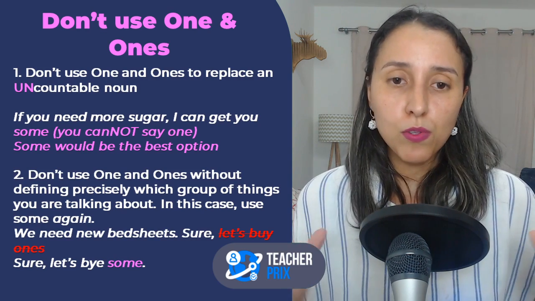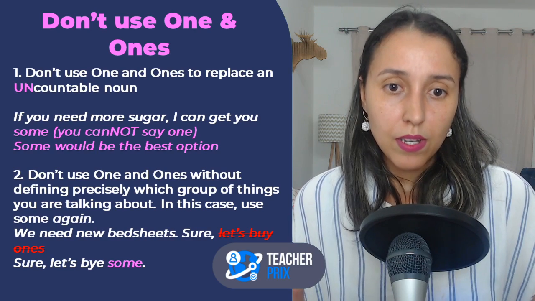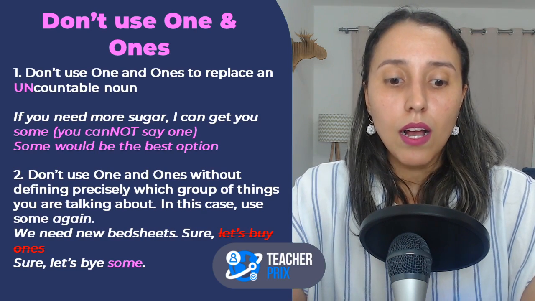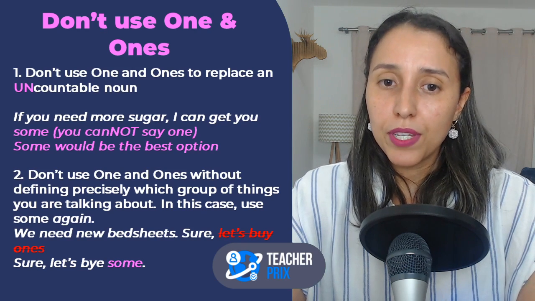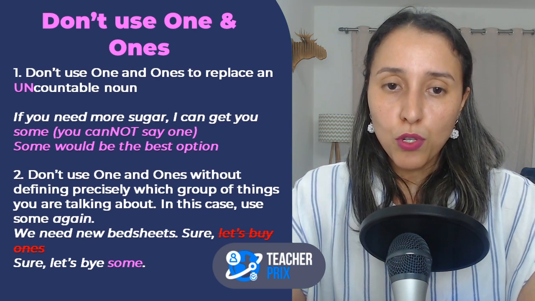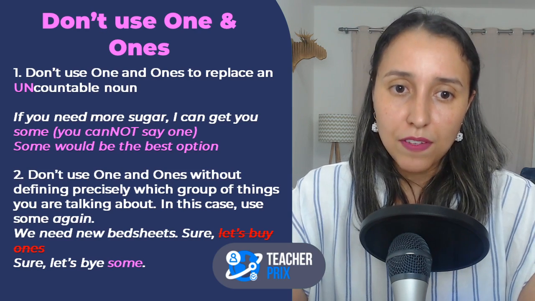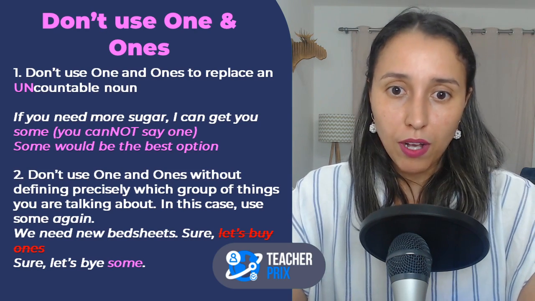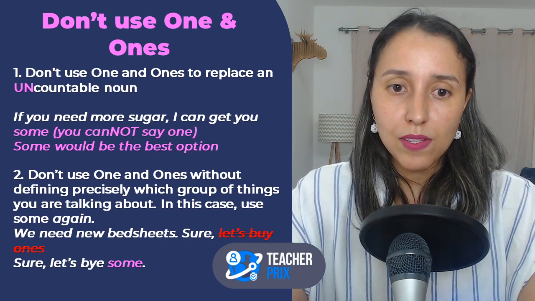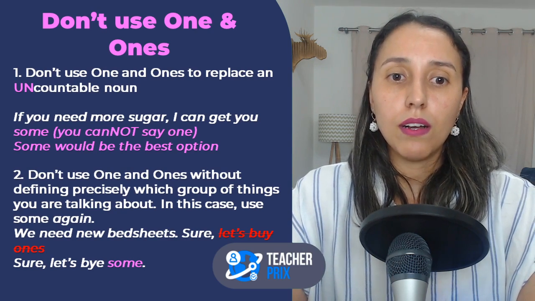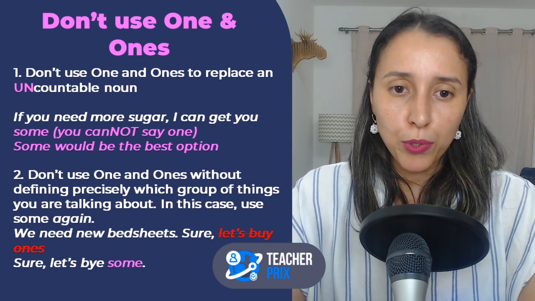Next situation, sorry. You will not use one or ones if you don't have a precise definition of the groups of things you're talking about. So if you don't have a very specific definition of what you're talking about, then you cannot use one or ones. You can use some. I will show you.